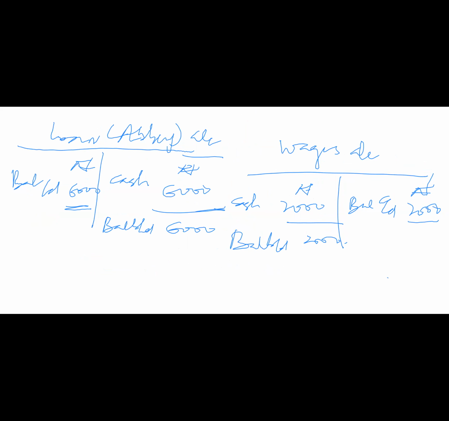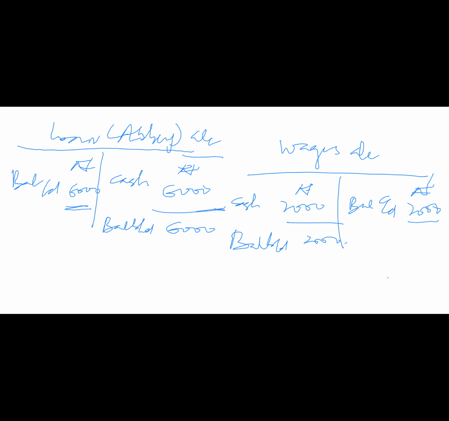Is that not what we did? Loan is a what? Is a liability. Loan is classified as a liability, right? So therefore, loan will be posted to the credit side of the trial balance.